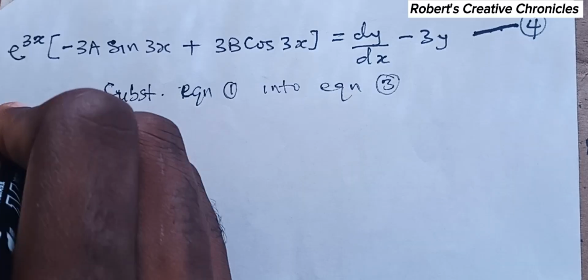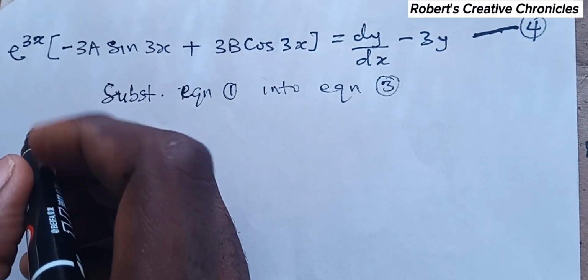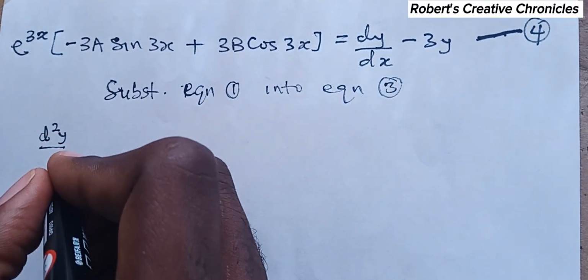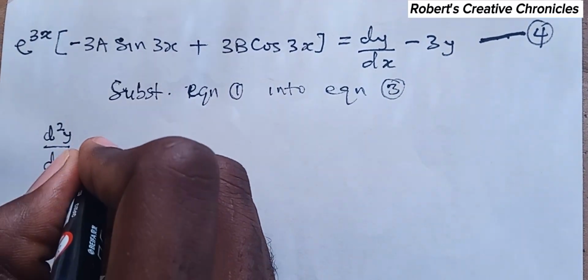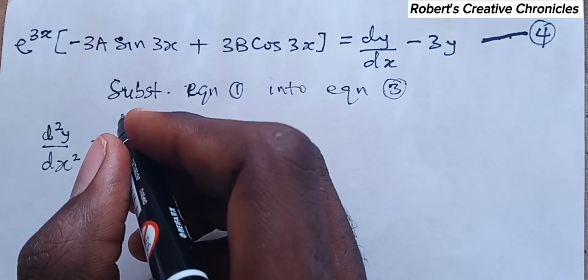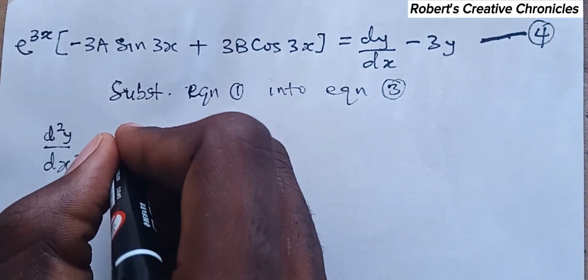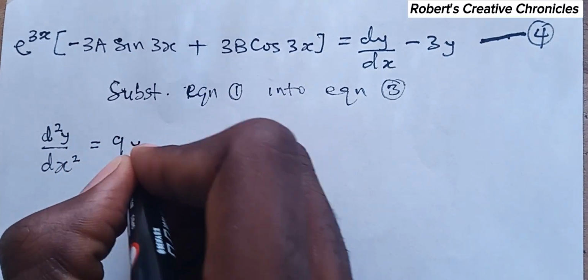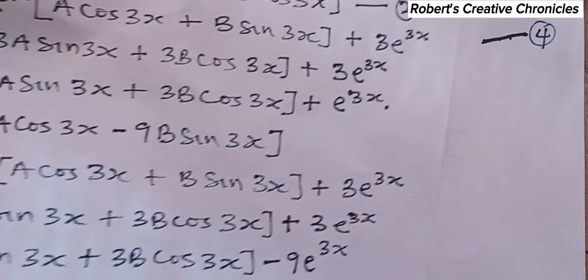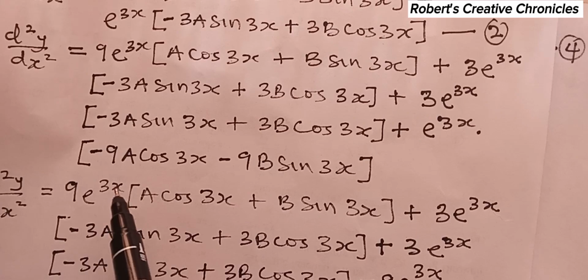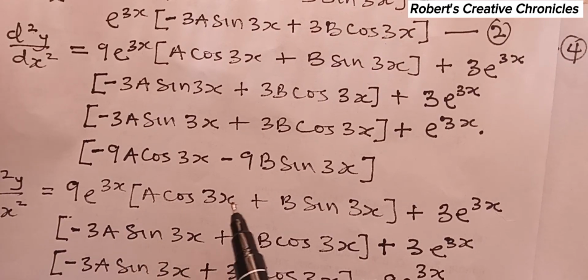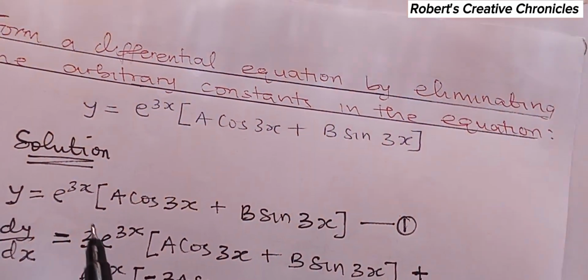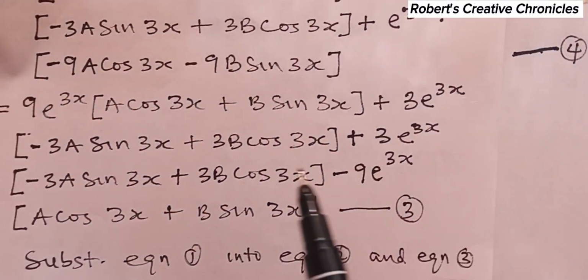Now from equation 3 we have that d²y/dx² equals 9y, since e^(3x)(a cos 3x + b sin 3x) from equation 1 is y.